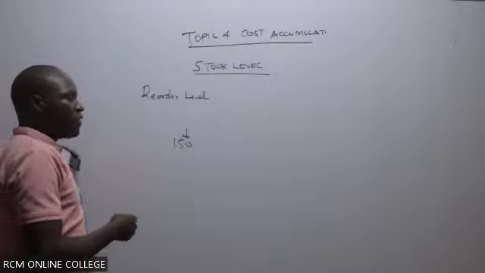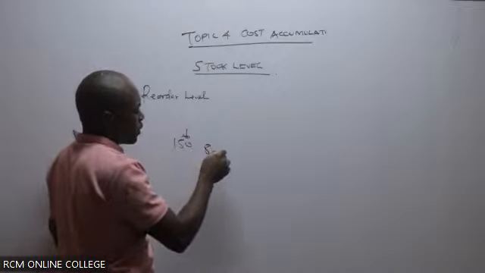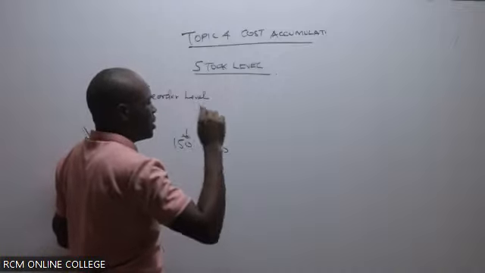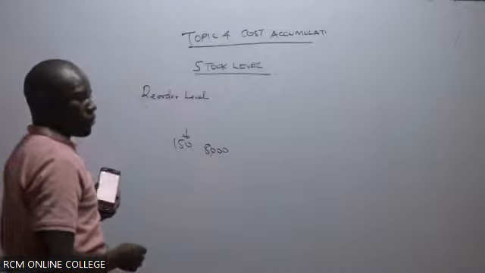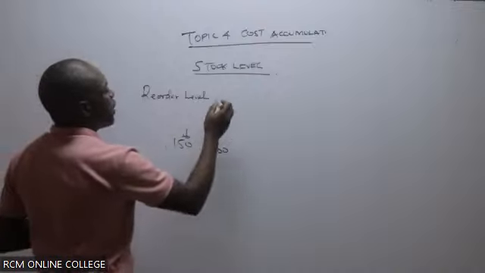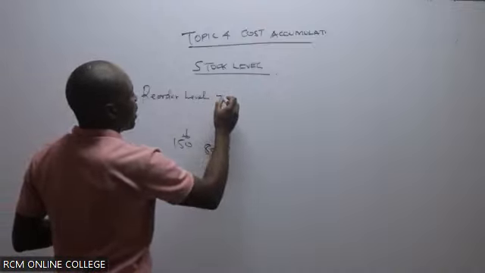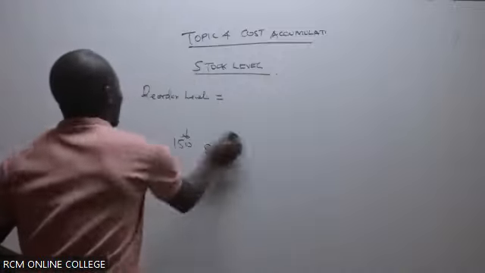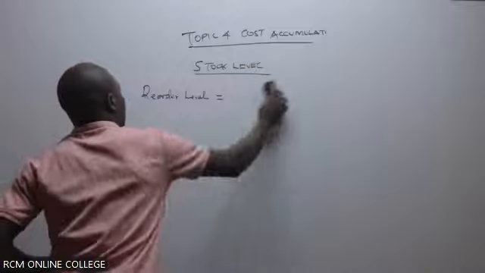Some people have a restocking level of 8,000. Anytime their inventory reaches 8,000, they must initiate a new order. That is the reorder level of any given company.